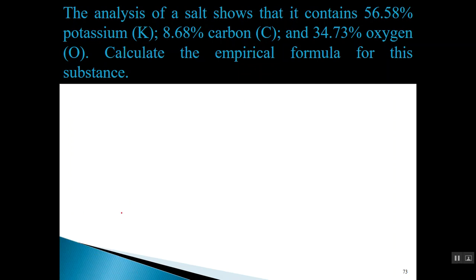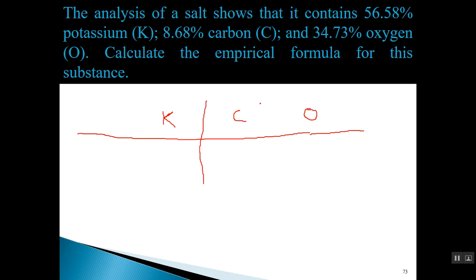So the way I like to do this is I start with a table where at the top I have the start of three columns. One column will have potassium, the next column carbon, and the next column oxygen. As I said before, we're assuming that the percentages would be equal to the masses of each of these elements. So I'm going to write the masses right underneath these symbols.